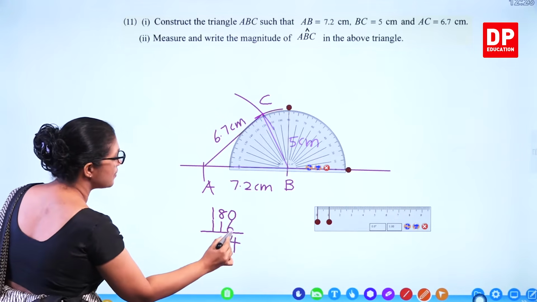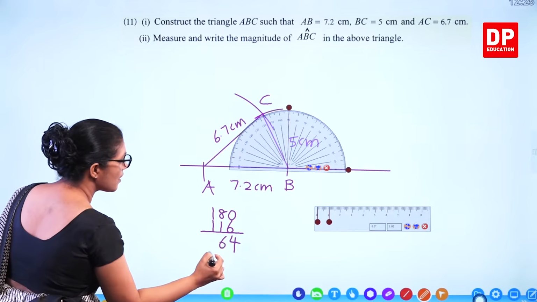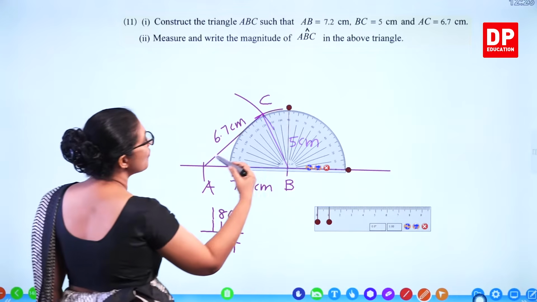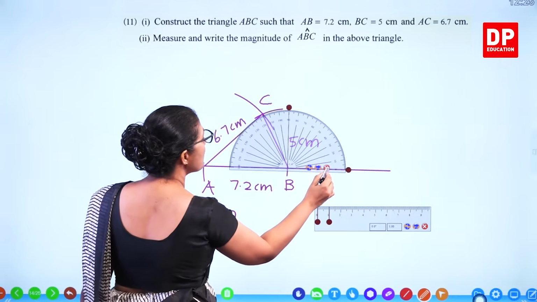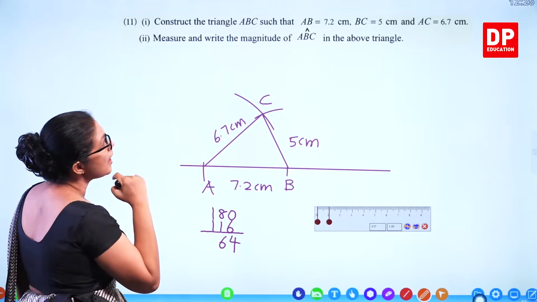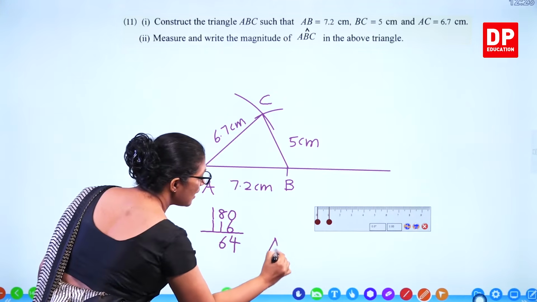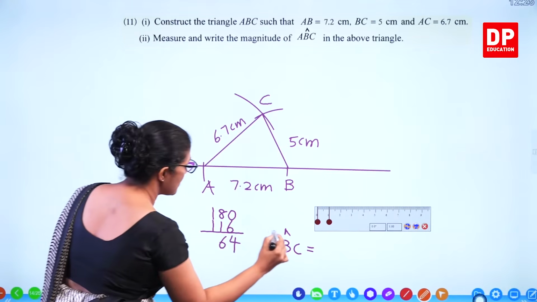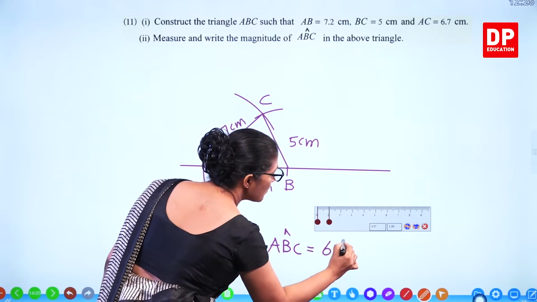So you get 64 degrees from here. So we can write ABC angle. ABC angle is 64 degrees.